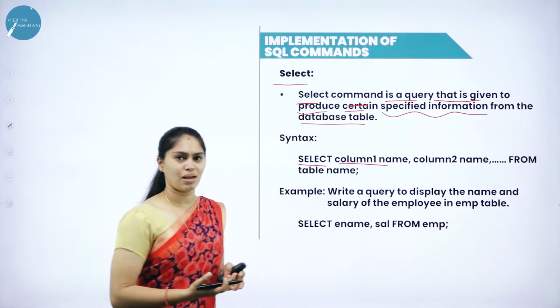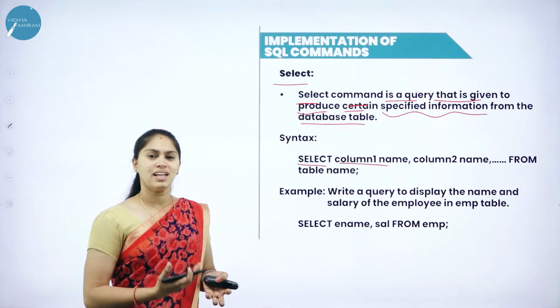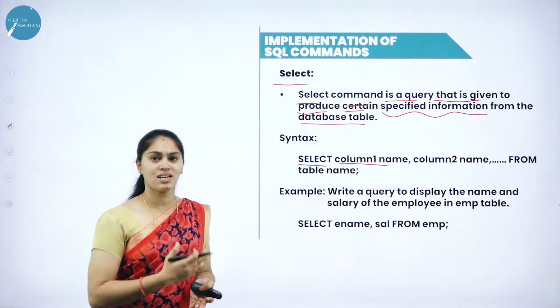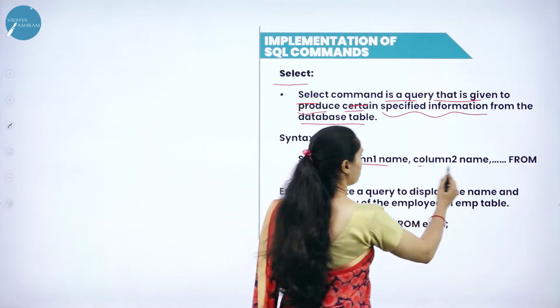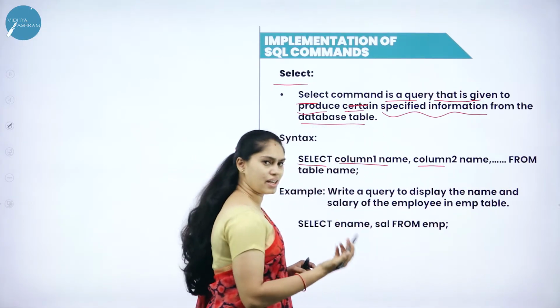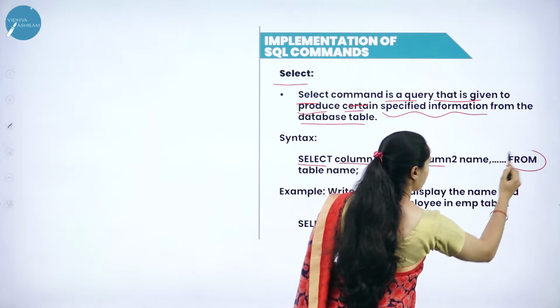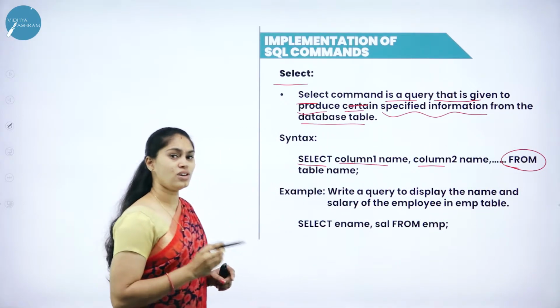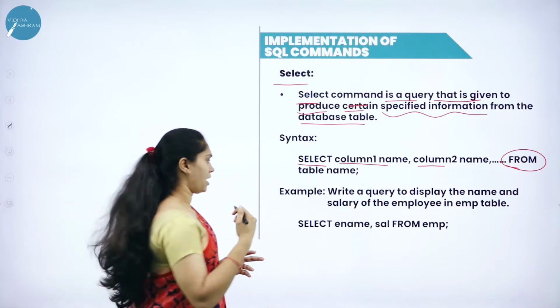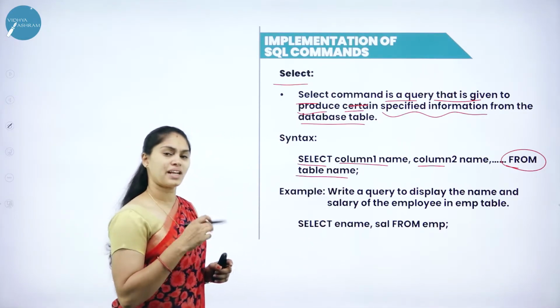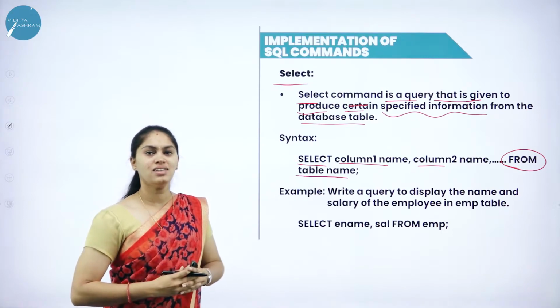For example, if my table consists of 100 columns, then I can fetch any number of columns within 100. So select column 1 name, column 2 name, up to any number of columns, and we have to use a keyword called from. That means from which table I wanted to take a particular column. Then we have to specify a table name. At last, don't forget to give the semicolon.